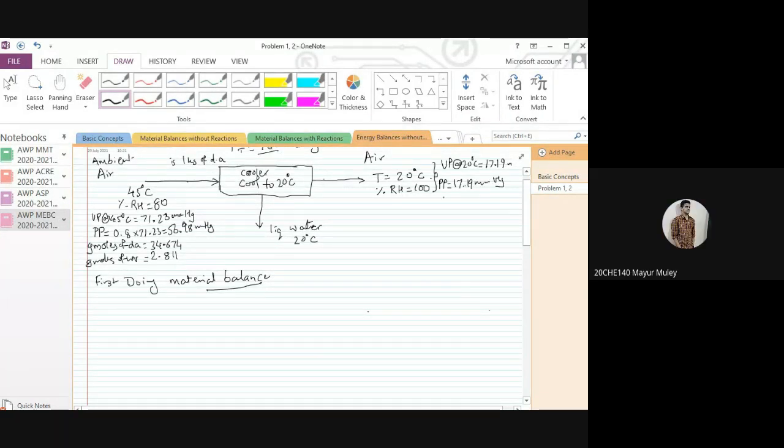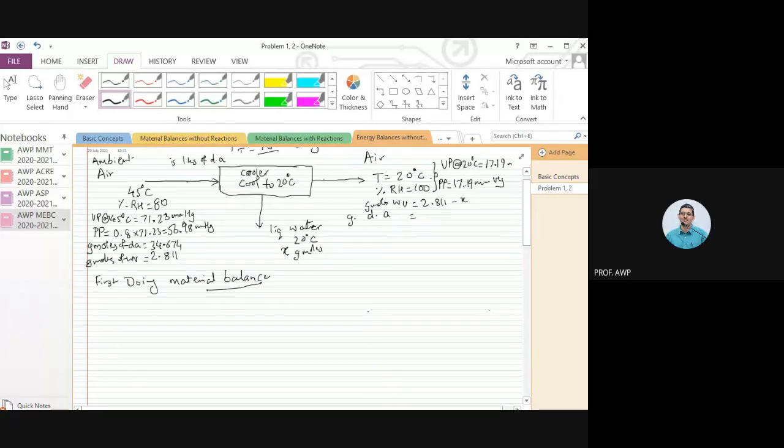Then, for an instance, sir, I assume that X moles of H2O get condensed as liquid, just to make things clear. Then the moles of water vapor left would be 2.811 minus X, but the dry air would be the same, 34.674 moles.